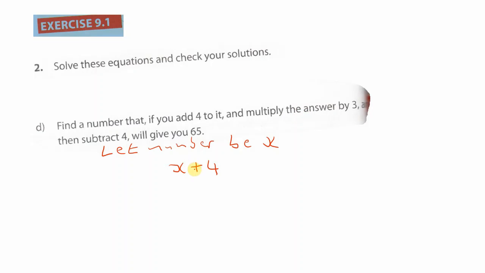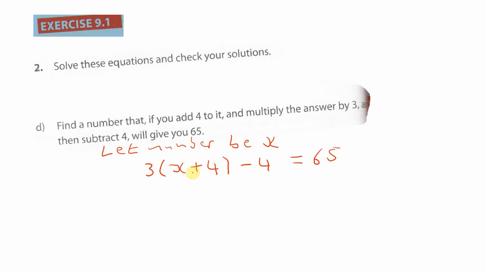So the answer of this is x plus 4. So let's put in brackets. We want the whole answer, and then that answer we need to multiply by 3. So 3 times that answer. And then subtract 4. So once we have that answer, we still have to subtract 4 to give us 65.